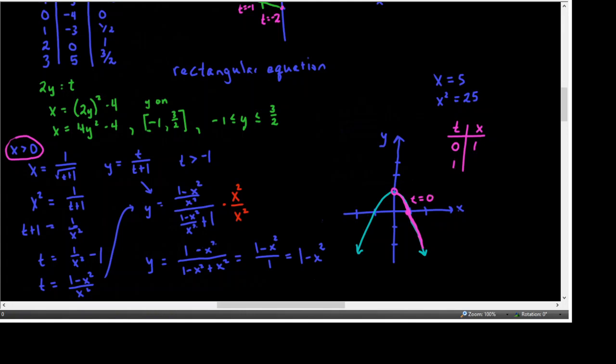Okay, and at time 1, 1 plus 1 is 2. 1 over the square root of 2, aka square root of 2 over 2, is about 0.707, which is, let's say, right here at time 1.